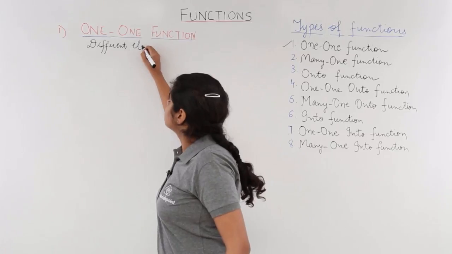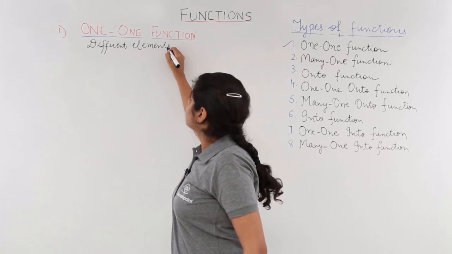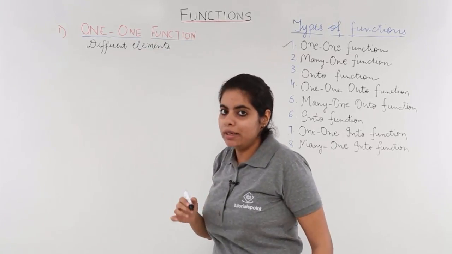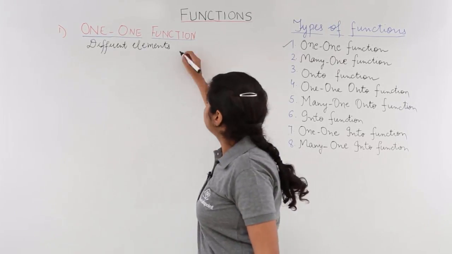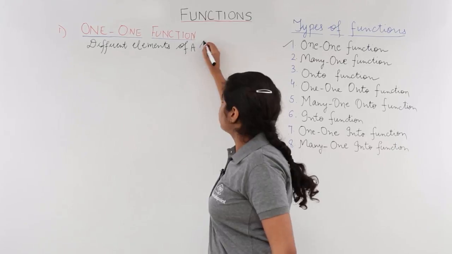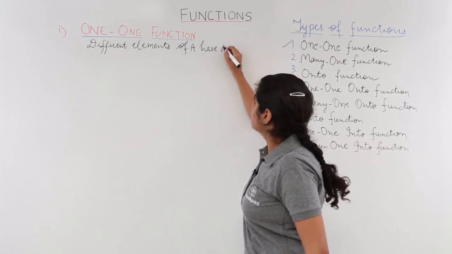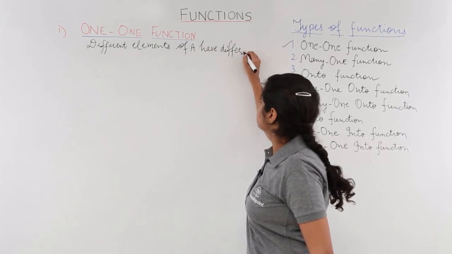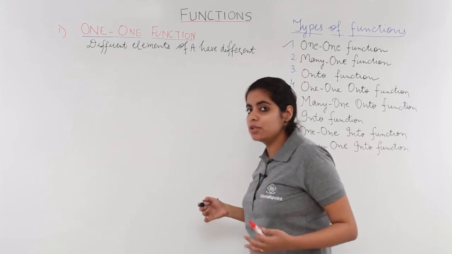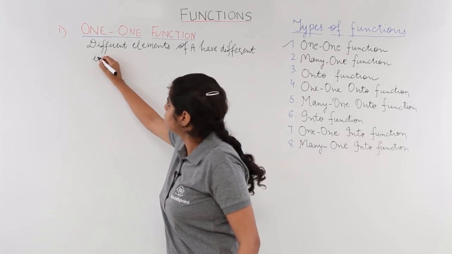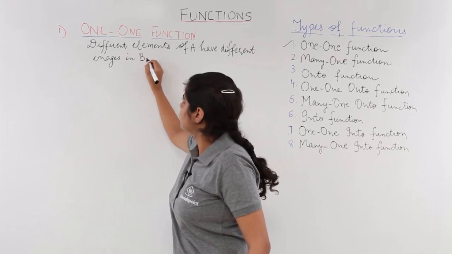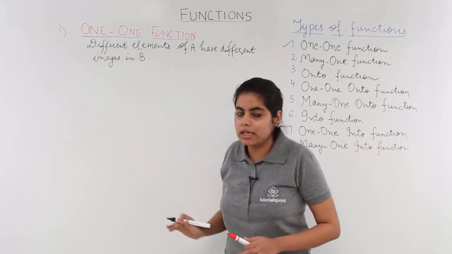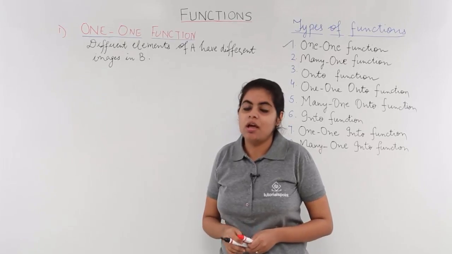Different elements of A, where A is the first set and B is the second set, have different images in B. If this is the case, then it is a one-one function.